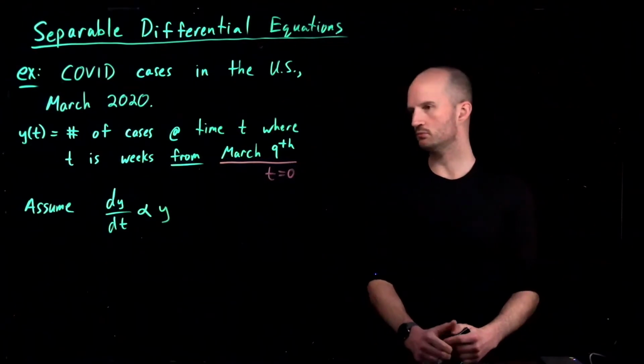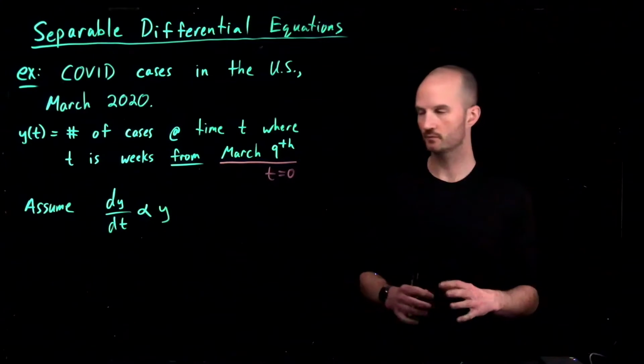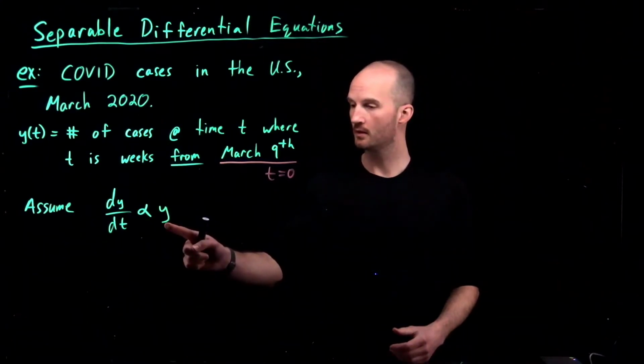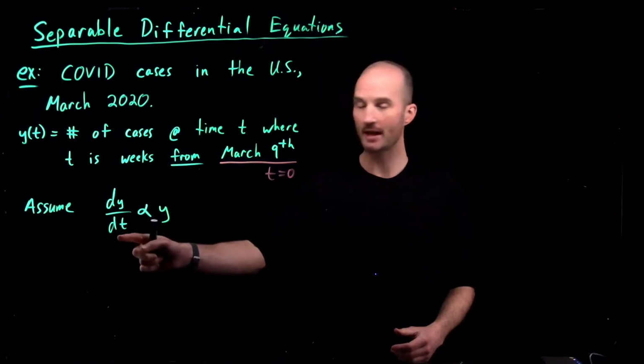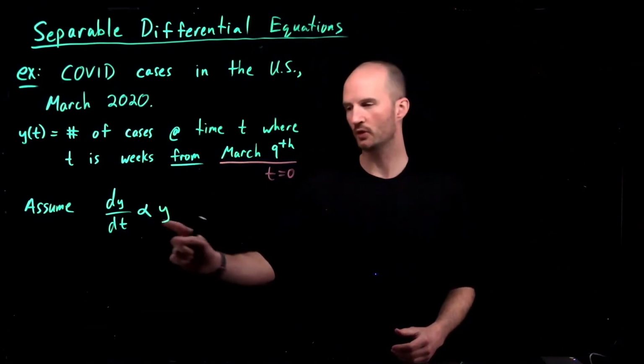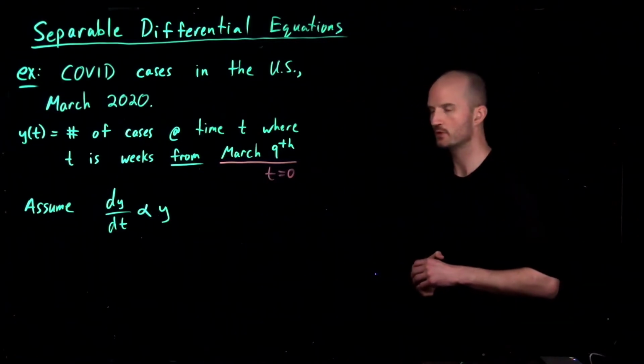So this is a reasonable assumption. What I'm saying here is that the more cases I have, the greater the rate of change of the number of cases. So the more cases you have, the faster the virus is reproducing.